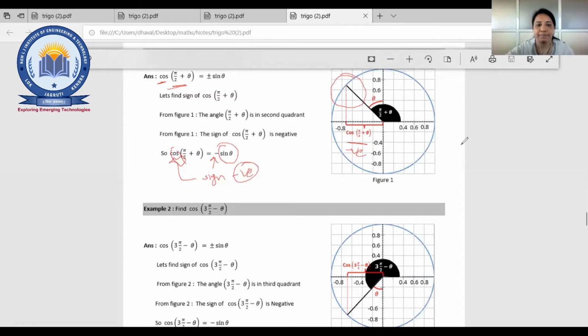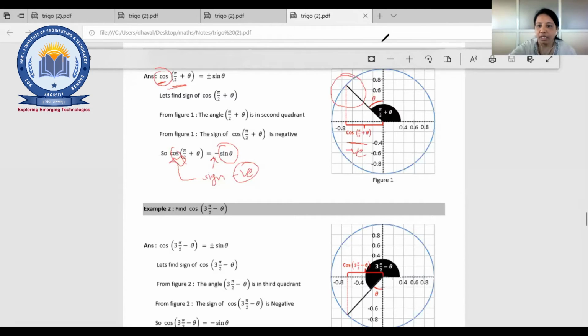But here on the left side we have cos, so obviously the sign is negative. That is the all STC concept, right? In short, you can remember: all positive in the first quadrant, and in the second quadrant, STC, right? You know that concept.